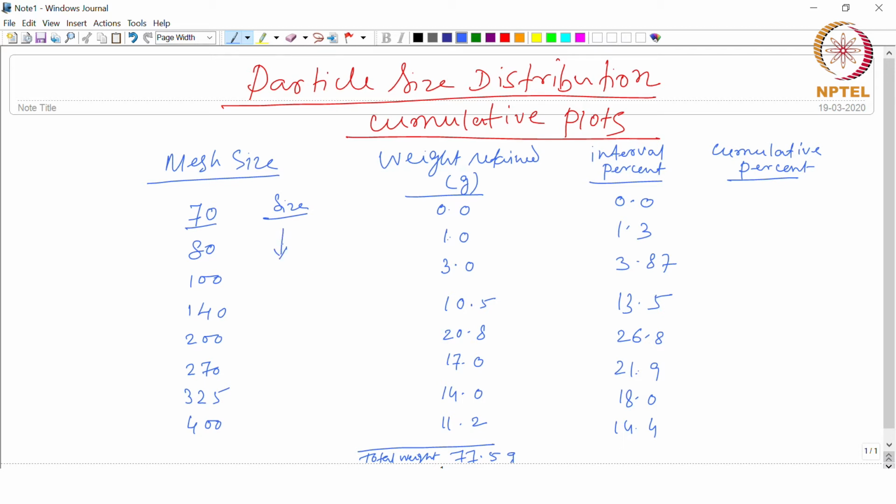For example, the corresponding size in micron for 70 is 212, and for 400 mesh it is 38 microns, right. So, the cumulative percentage would be as follows.